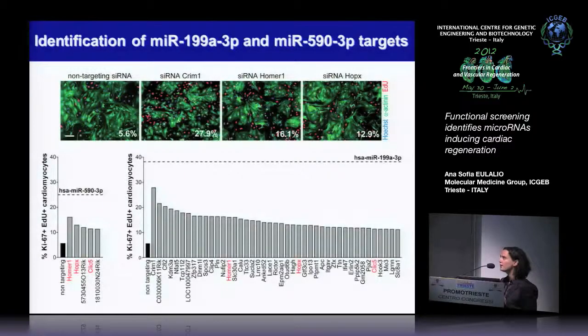What I want to highlight from this slide is that although all of these siRNAs induce proliferation of cardiomyocytes, none reaches the level of proliferation induced by the microRNAs. And this is in agreement with what we know about the function of microRNAs. They don't act on a single target, they act on multiple targets, which will give a common phenotype and a stronger phenotype than depleting each of the single targets.